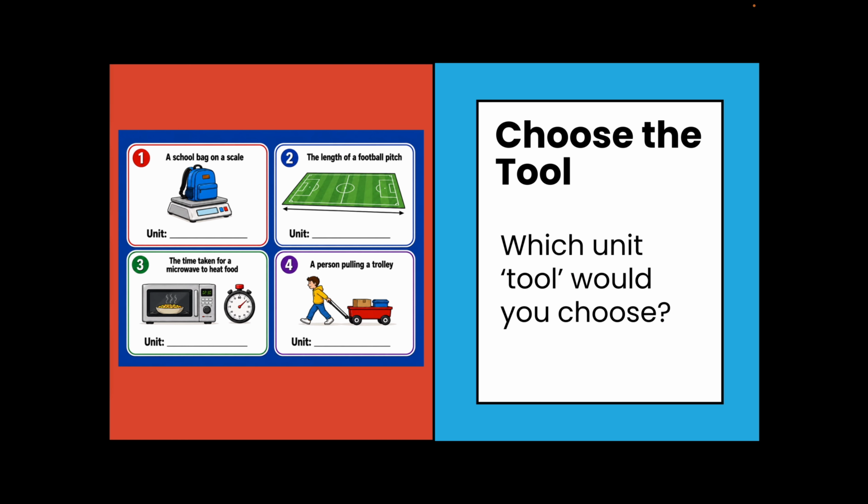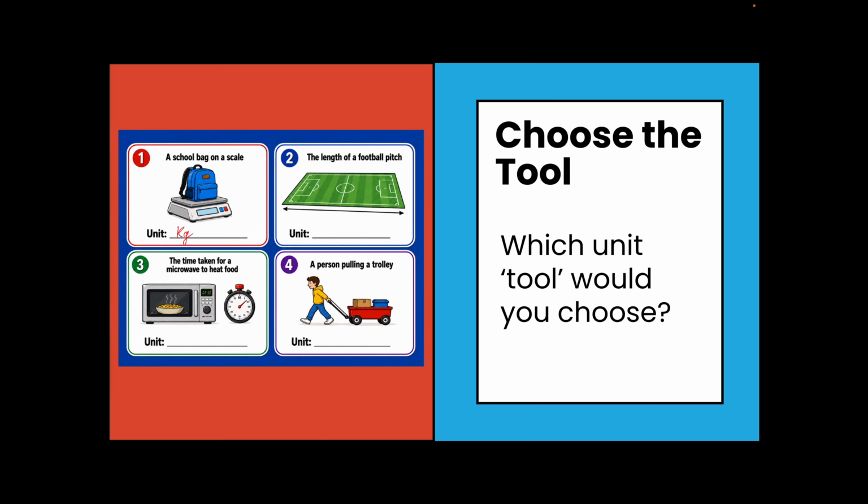Now I want you to think like a physicist, choosing the correct tool. For each picture, ask yourself, what are we measuring? If it is a school bag on a scale, we are measuring mass. So the unit in this case would be kilograms.